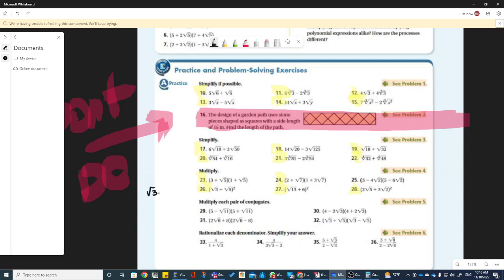Square root of 3 plus square root of 5 times the same: square root of 3 plus square root of 5. Okay? The same goes here: square root of 13 plus 6 times square root of 13 plus 6. Okay? So start working on that.